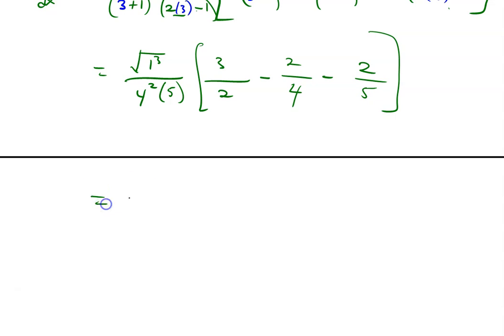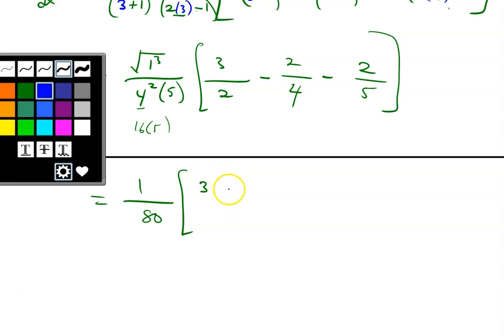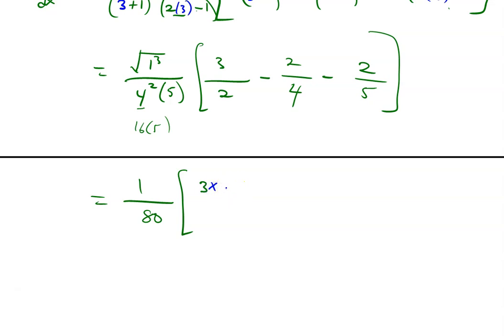Very good. So let's further simplify. We are going to get 1 on 80. 4 squared is 16, times 5 is 80. It's going to be 1 on 80, all multiplied by 3 on 2 minus 2 on 4 minus 2 on 5. I'm finding the equivalent fraction.